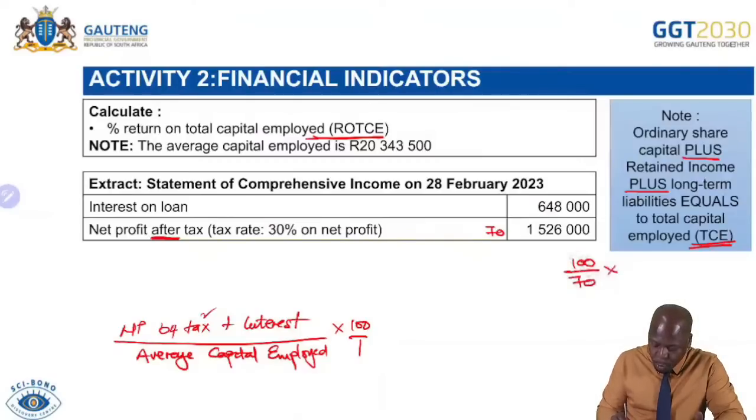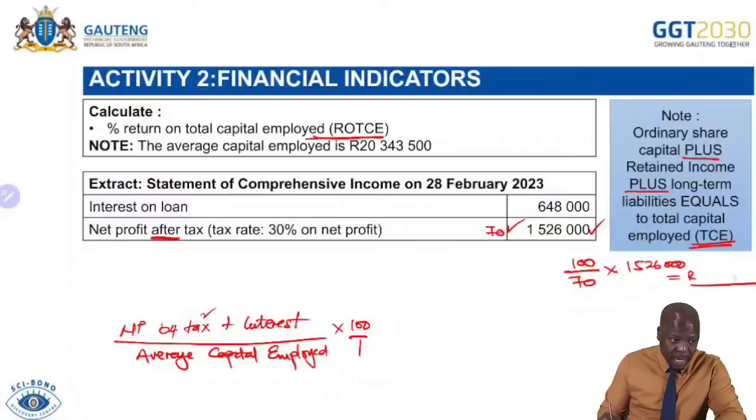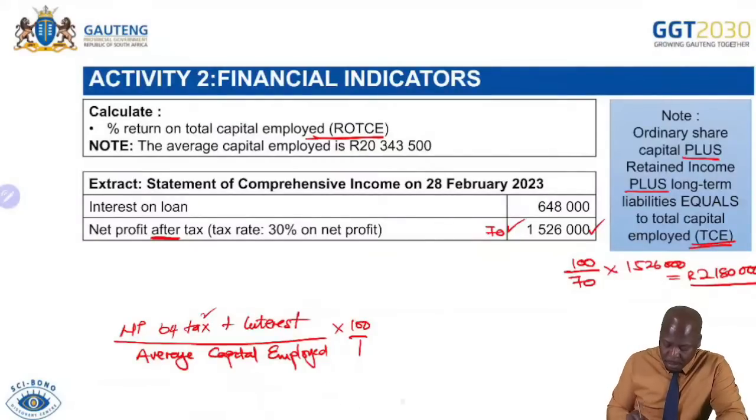So 100 is net profit before tax, and 70 is net profit after tax, which is given here. So I'll say 100 over 70, multiplied by 1,526,000. When I punch that into the calculator, I get 2,180,000. That becomes my net profit before tax.